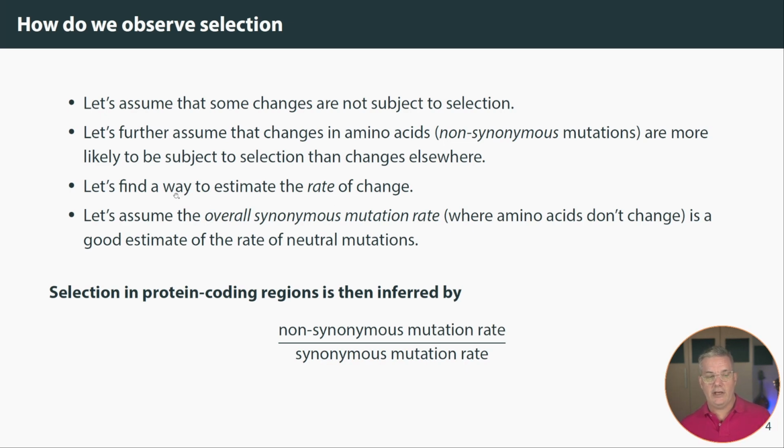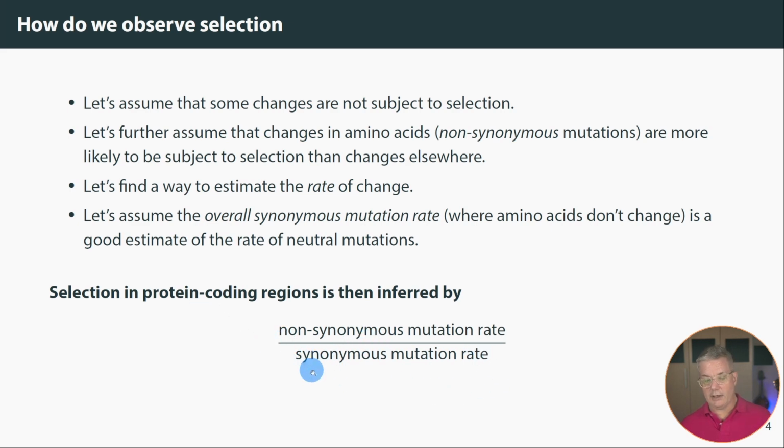And if we can estimate that rate separately for the synonymous changes that don't change the amino acids and the non-synonymous changes that do, we can compare those rates. And selection in those protein coding regions can then be inferred by the ratio.